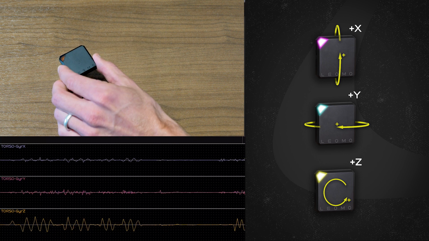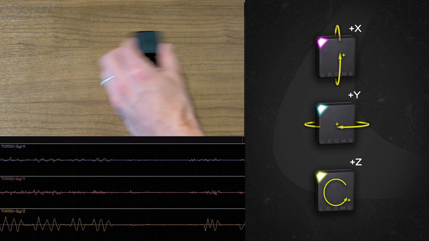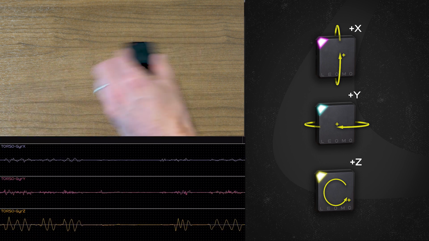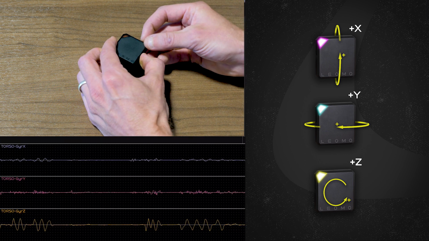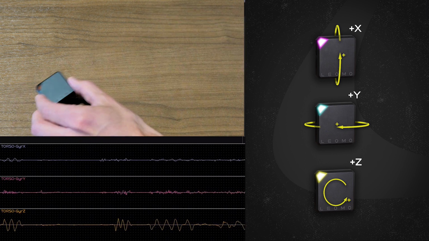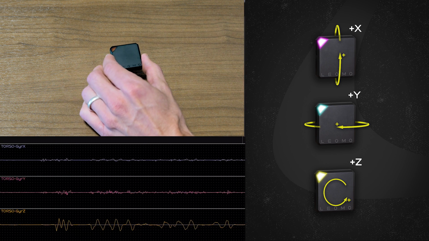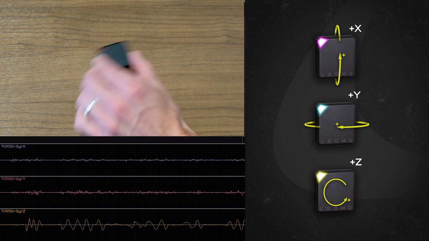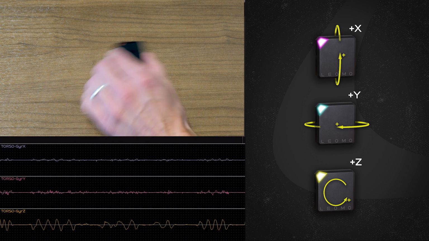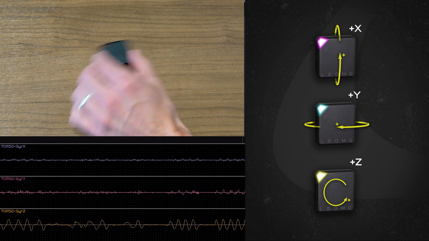So in this case, if it's a rotation primarily about the z-axis, we're not only rotating about the z-axis, we're also translating, but that amount of rotation in the local coordinate system of the IMU still shows up as a clockwise and counterclockwise rotation in the z-axis.